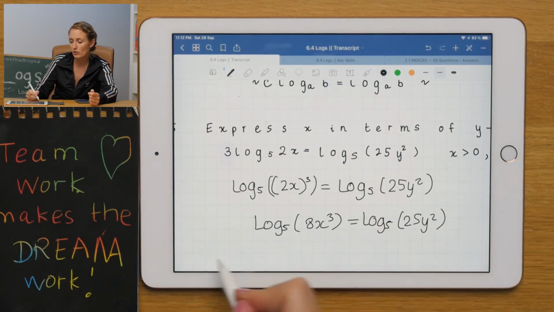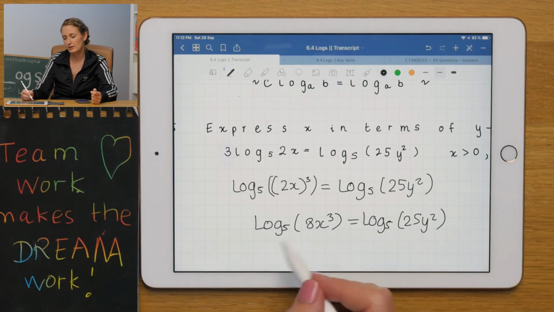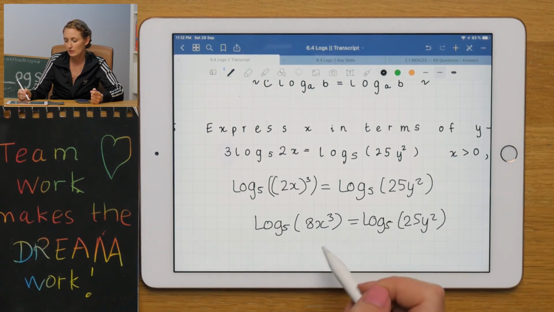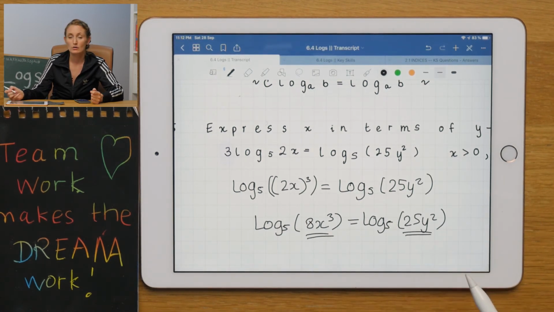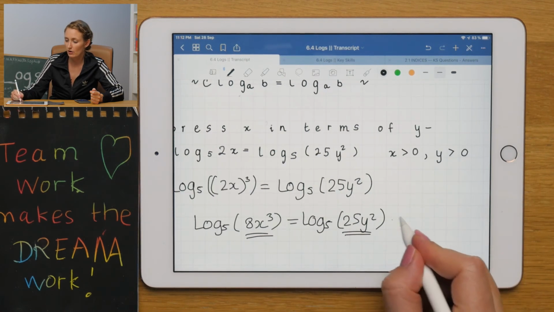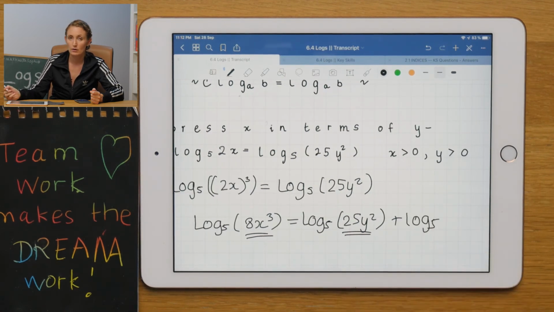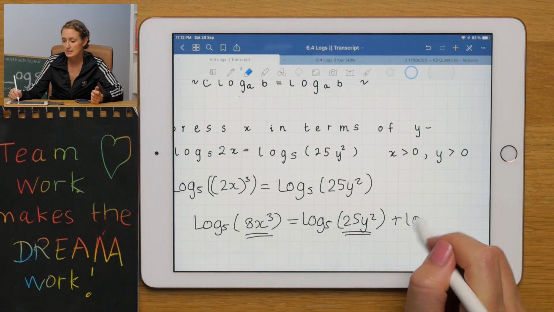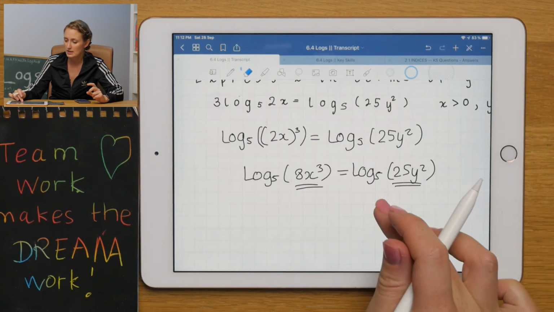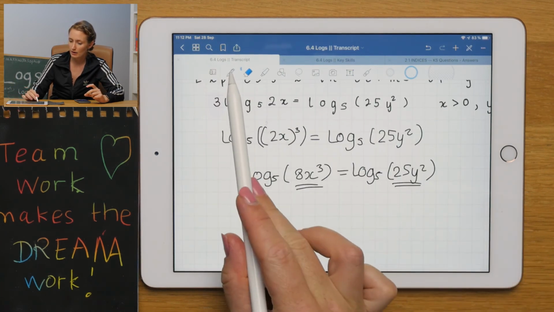Now I've got one log 5 on each side, so I'm not really cancelling, but that must be equal to this. Do not try this if you had another log 5 here, for example. Just get down to the stage where we've got one log only on each side.